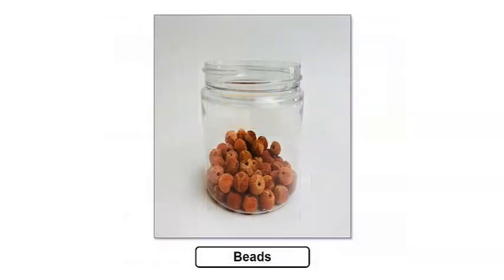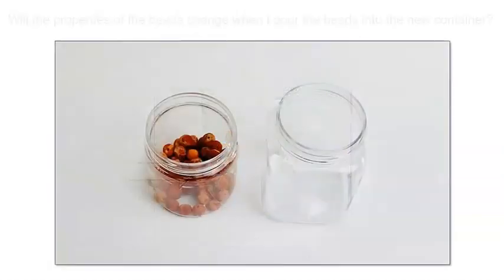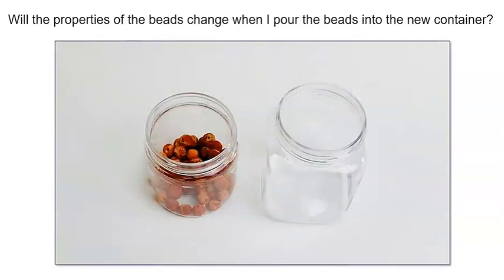What do you observe? I see a lot of red beads in a jar. The beads are solid and red. Will the properties of the beads change when I pour the beads into the new container?